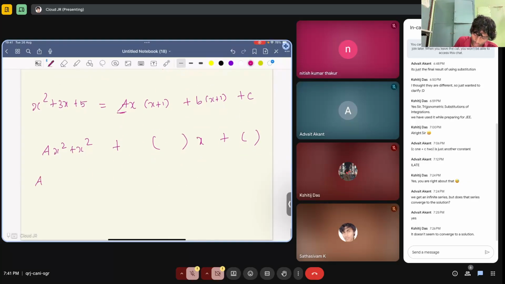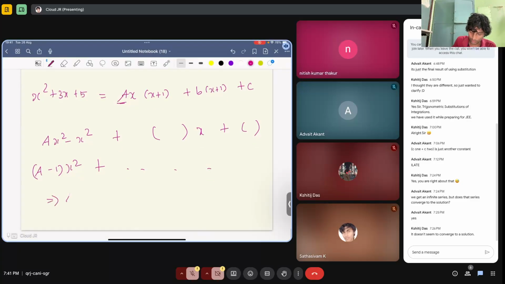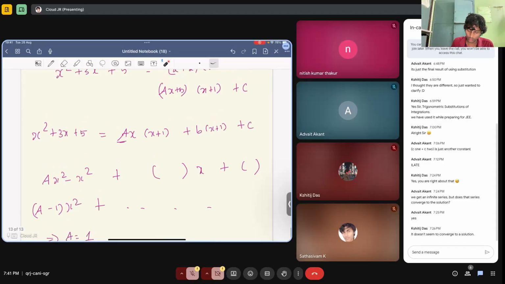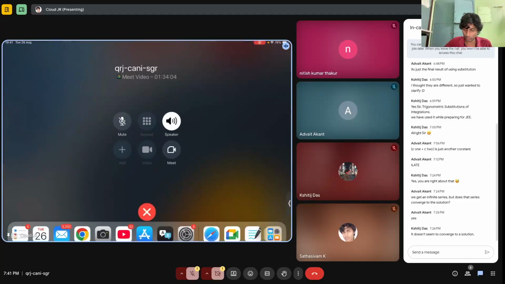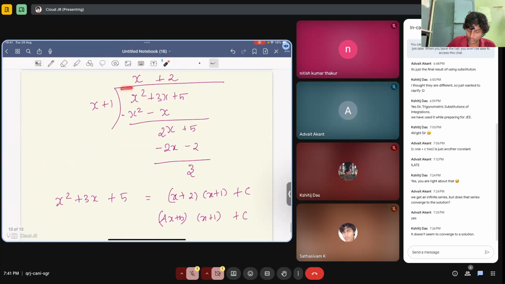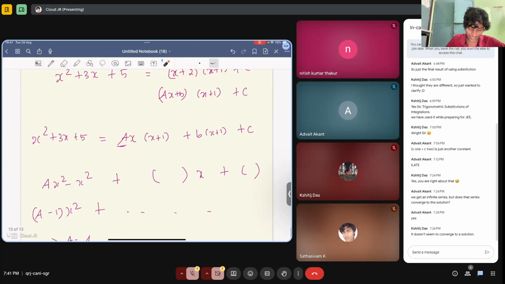So from here you can observe that, sorry, not A plus 1, A minus 1 times x square plus some terms. So that implies A equal to 1. And similarly, we do B, from the next one you compute the B, etc. That's the same thing I'm just doing here. Anyway, I think I made it much worse.